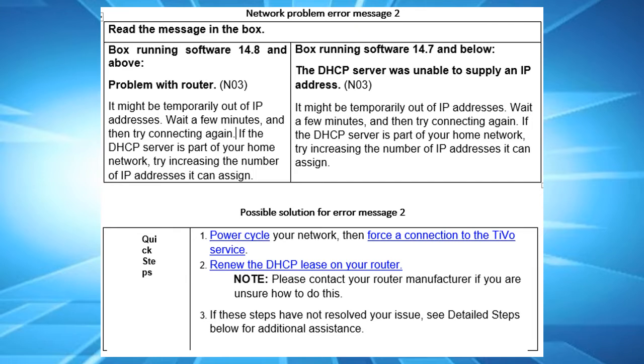Second, renew the DHCP lease on your router. Please contact your router manufacturer if you are unsure how to do this. If you don't know how to fix your router, just contact your router manufacturer. Third, if these steps have not resolved your issue, see the detailed steps below for additional assistance.